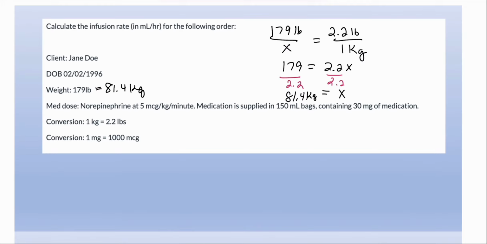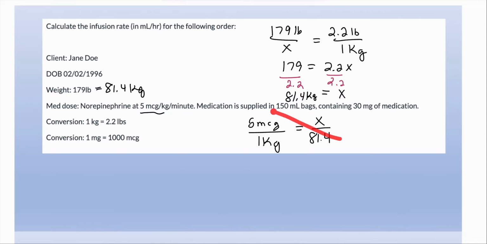So then let's take this portion before we think of anything else, and let's think about how many micrograms we should give the patient. If 5 micrograms should be given for 1 kilogram, how many micrograms would be for 81.4?